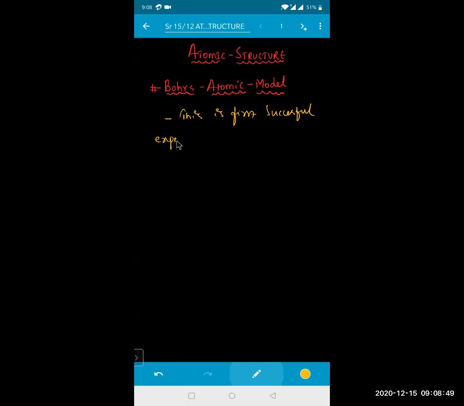This model was developed for hydrogenic atoms. Hydrogenic atom.